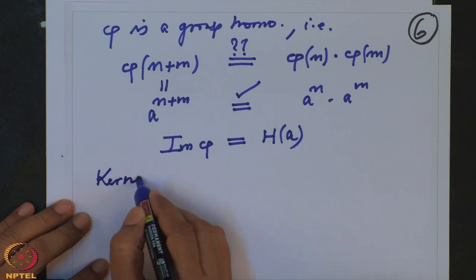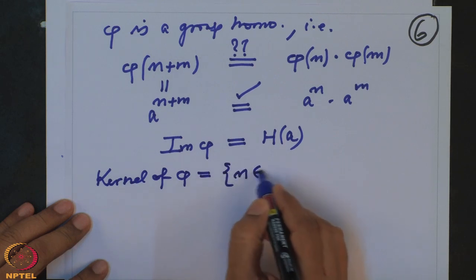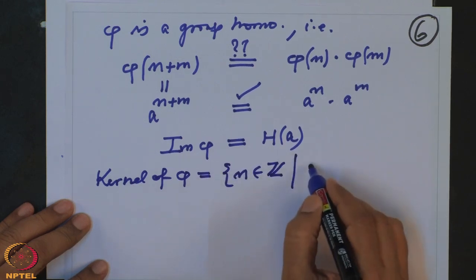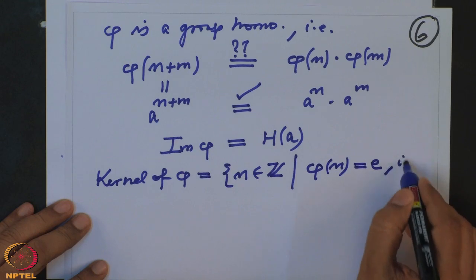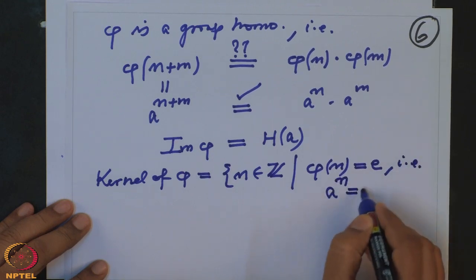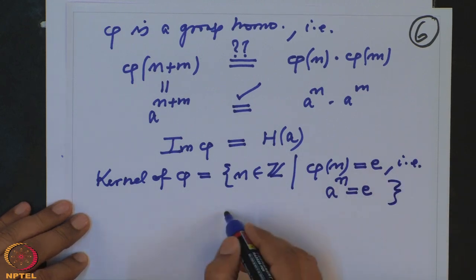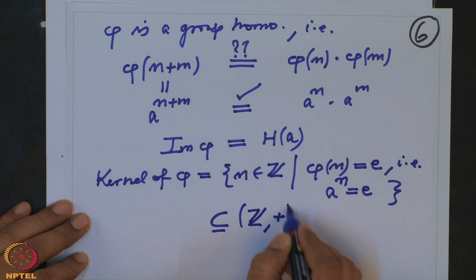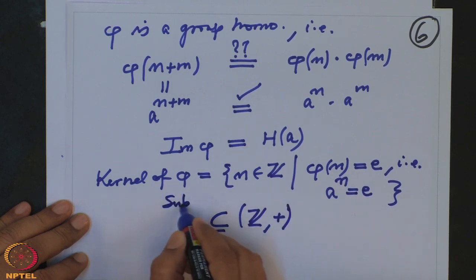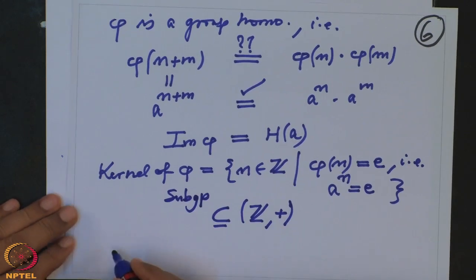And what is the kernel of phi? By definition, this is all those elements n in Z such that phi of n is the identity element in the group G, which is the same thing as saying A power n is the identity element. The kernel is a subgroup of Z plus, and we know all subgroups of Z plus.